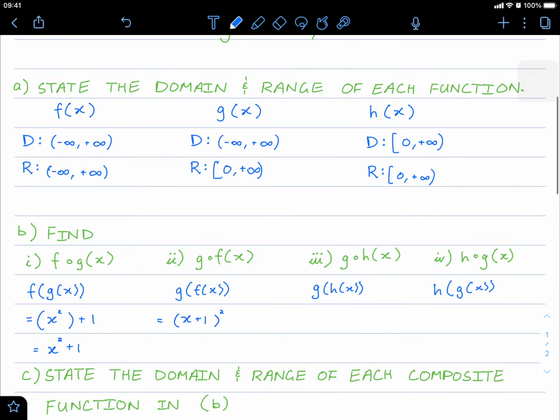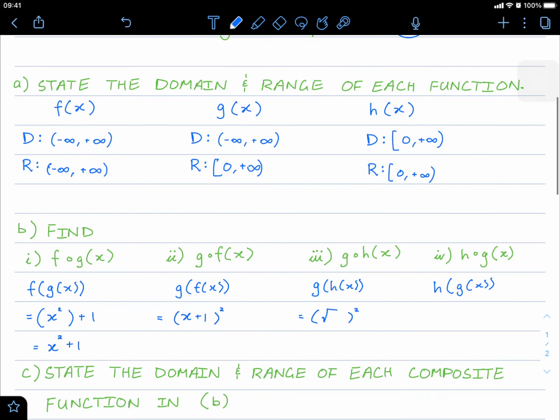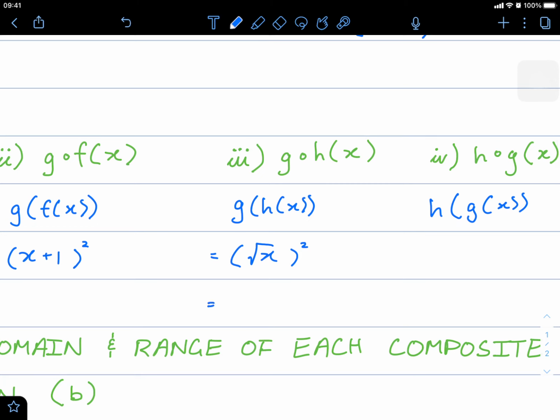For g of h of x, once again, g is x squared. And inside of that, we're going to substitute h of x. Well, these two cancel. The square root of x squared just becomes x.